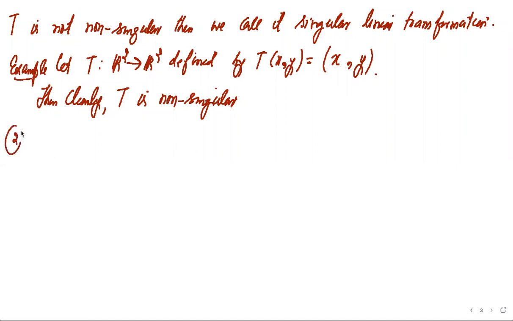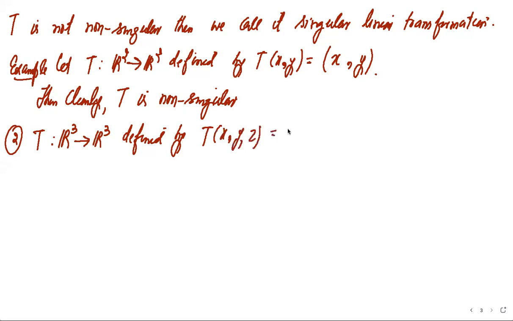Similarly, suppose example number 2, a mapping T from R3 into R3 defined by T of (x, y, z) equal to, let's call it, (z, y, x). Now what do you think? Is this transformation a linear transformation or not? Is this transformation non-singular or not?